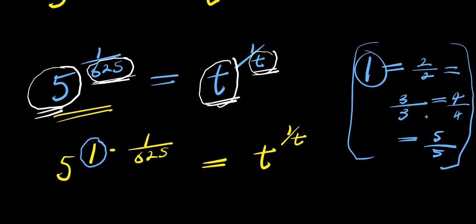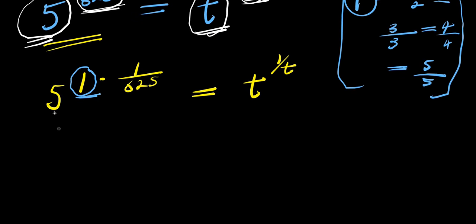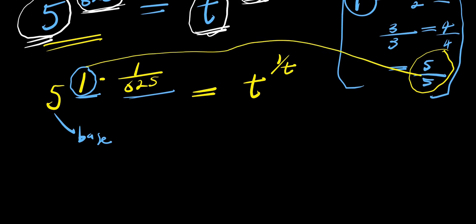Now, which one am I going to use to replace this one here? I will use the one that will make this base here to be the same as this denominator of the exponent. And that one is 5 over 5. So I'm going to substitute this one with this 5 over 5.